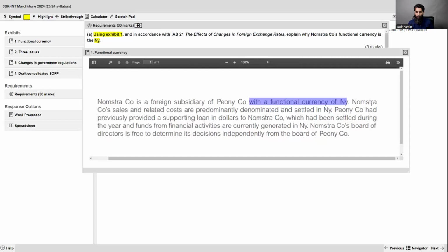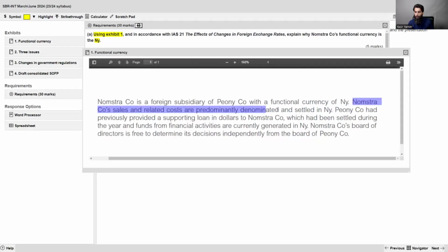So it says that Normstra company sales and related costs are predominantly denominated and settled in NI.